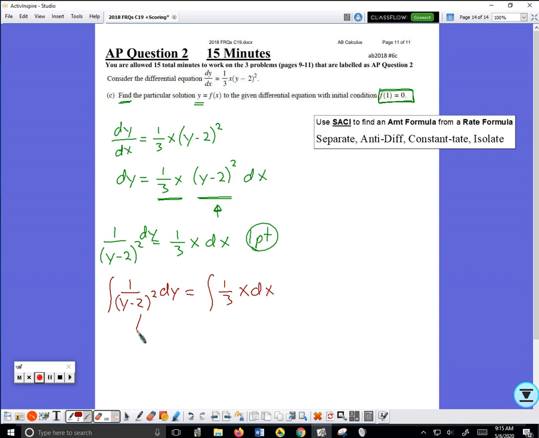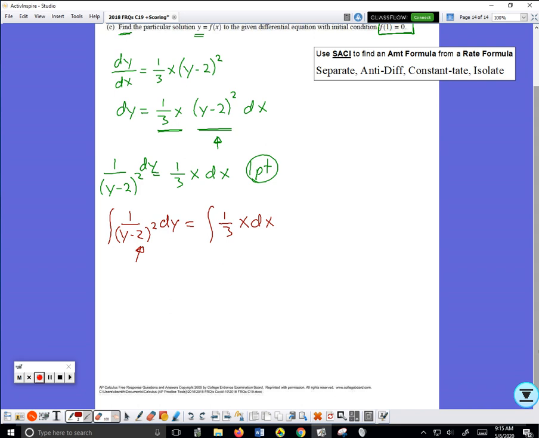Okay, the squared in the denominator causes problems, so we're going to move that. So we're going to have the antiderivative of (y minus 2) to the negative 2 dy. 1/3 is a multiplying constant, so I write it down. The antiderivative of x is x squared over 2. And then I have plus c.